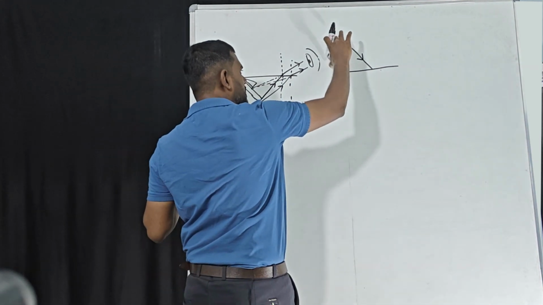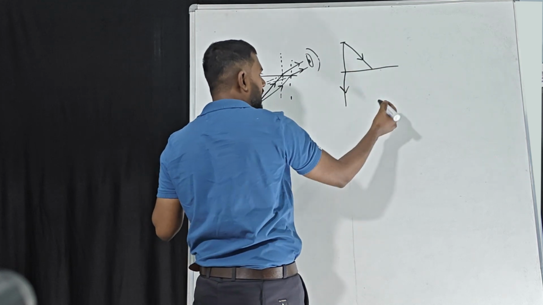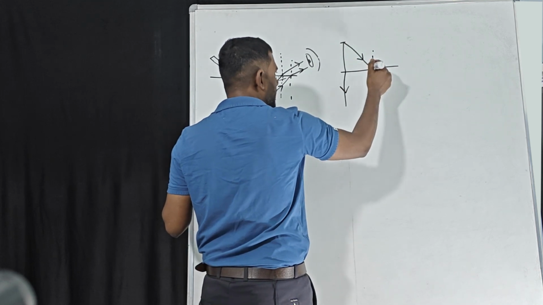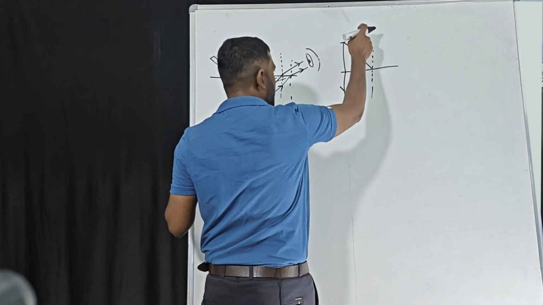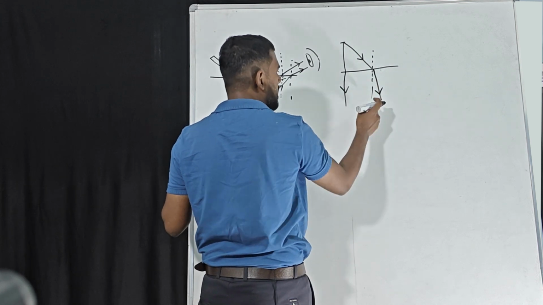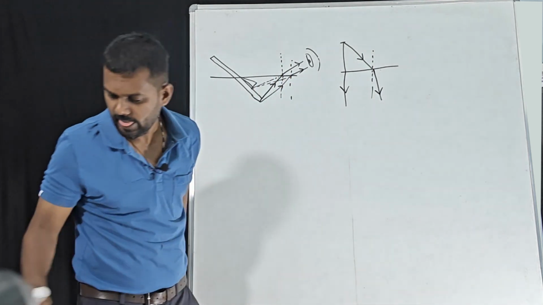Now this is the object, so assume this is a plant. The ray should come from the object, and wherever there is a change in medium, from rarer to denser, the rays will go towards the normal.